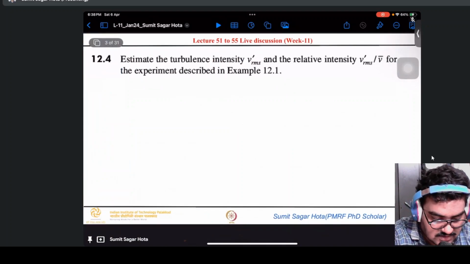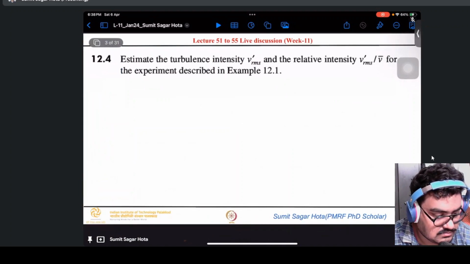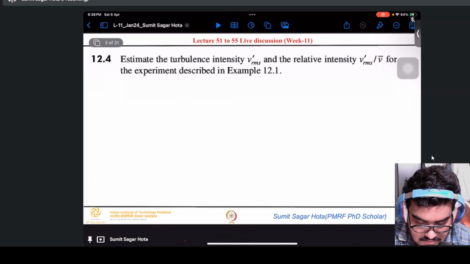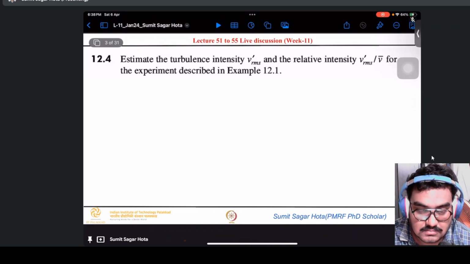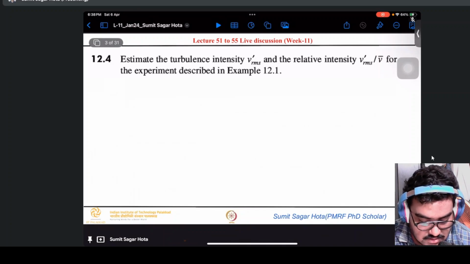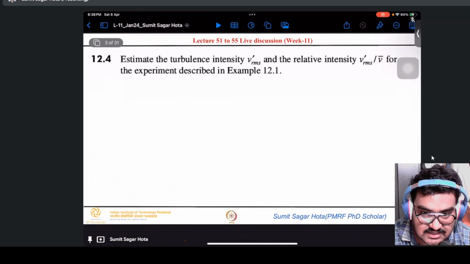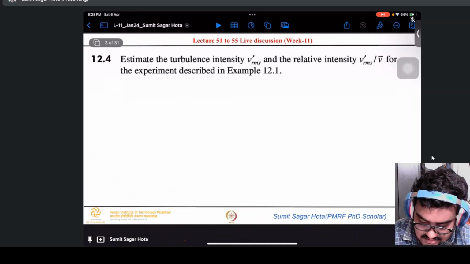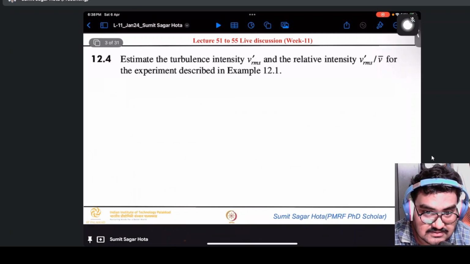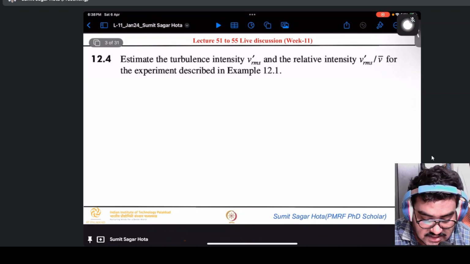Let's start our first problem. Estimate the turbulence intensity v_rms prime and the relative intensity v_rms prime by V bar for the experiment described in example 12.1. Okay, what is example 12.1? I will go through all the things now.